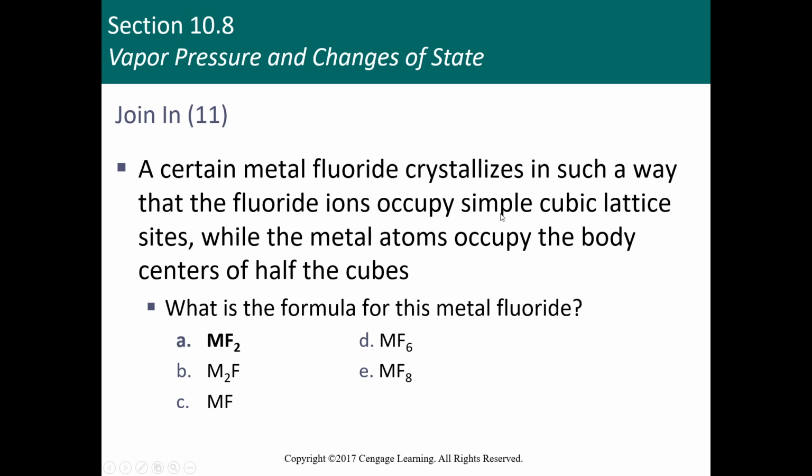So you have 1/8 times 8, that would be 1 fluorine. These are going to have half of it in a cube, and so that would be a 1-to-2 ratio. So there's 2 fluorines to every 1 metal.